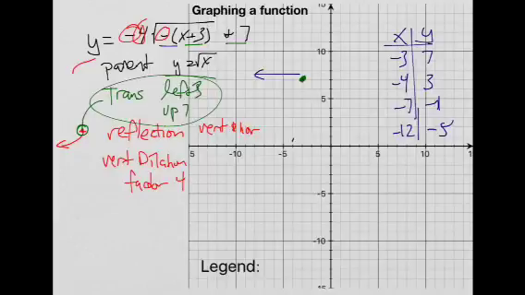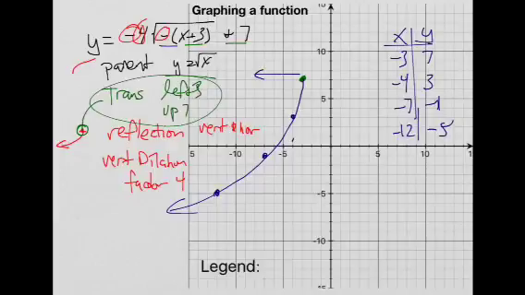So I plot these points. -4, 3. -7, we're at -1. And at -12, we're at -5. So my graph looks like that.